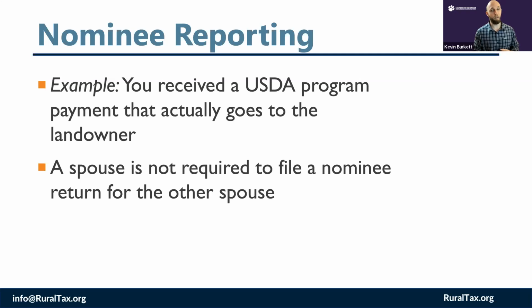So sometimes you can have a reporting situation come up that you may not realize, or you may not make that additional step of reporting it to the landowner, but that's what they call nominee reporting. There's some other instances and scenarios where that can happen too.